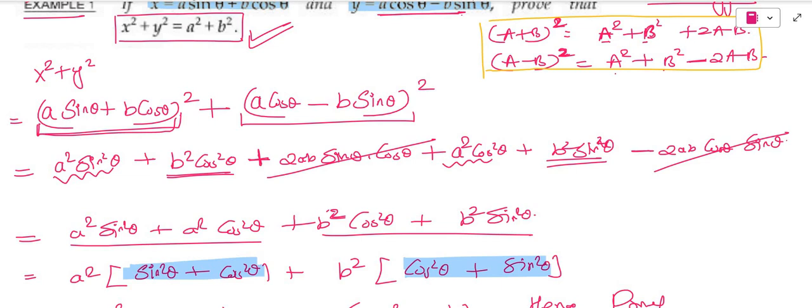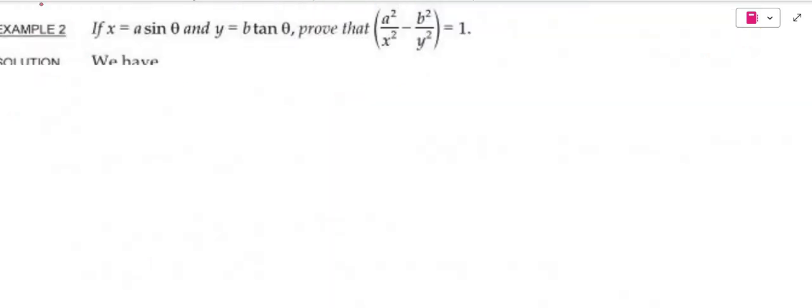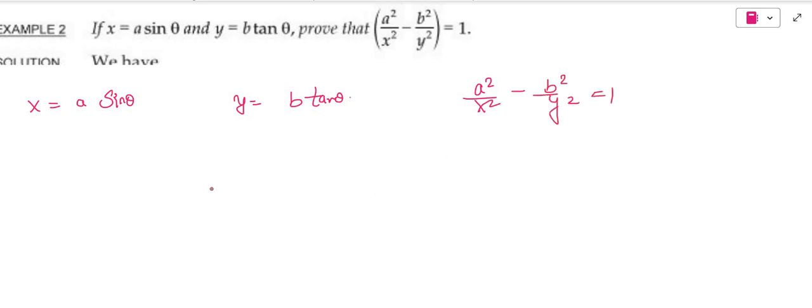Next question देखिए. ये है क्वेश्चन, बहुत इजी क्वेश्चन है. x is equal to a sin theta and y is equal to b tan theta, and we have to prove a square by x square minus b square by y square is 1. We have to prove it. So we need a by x.